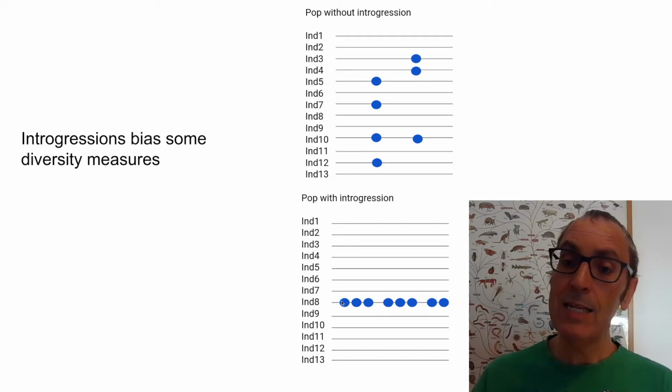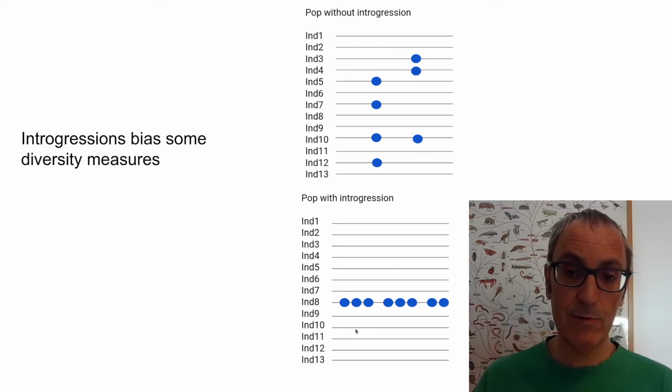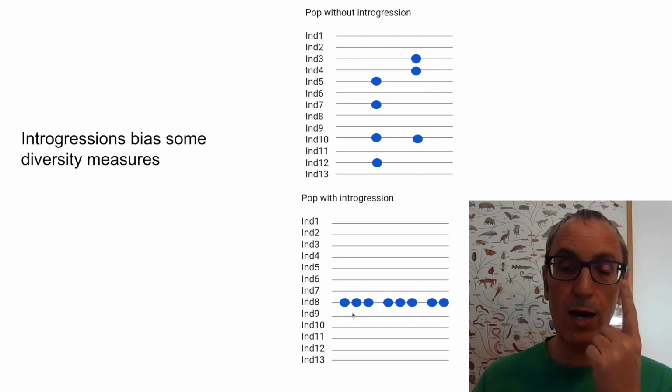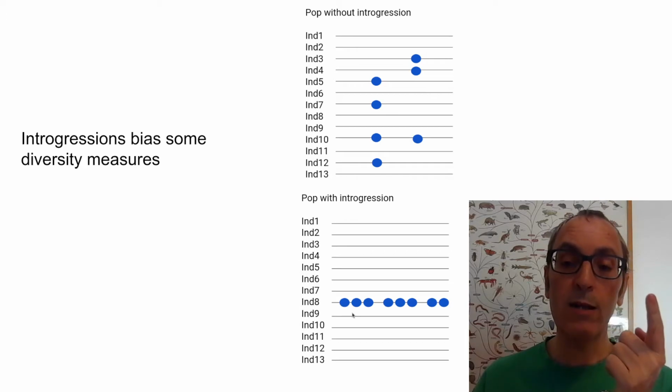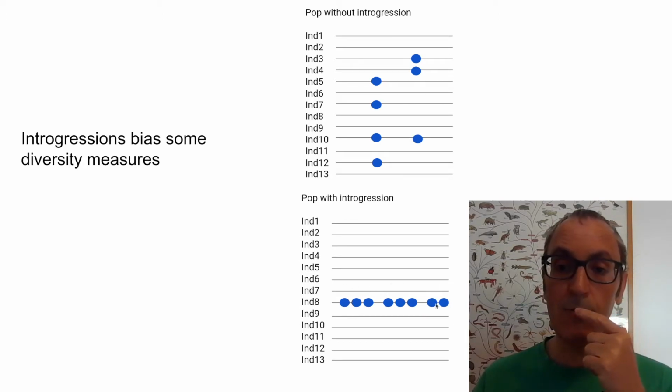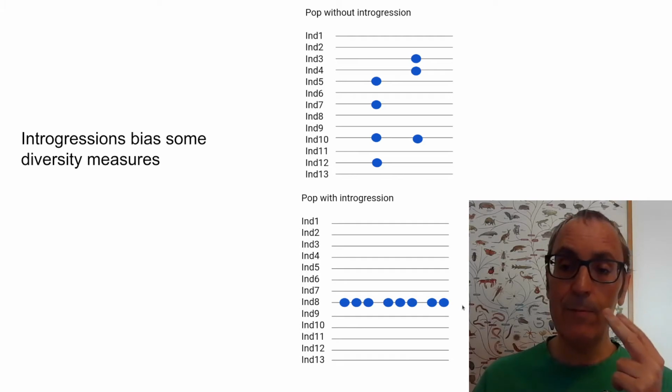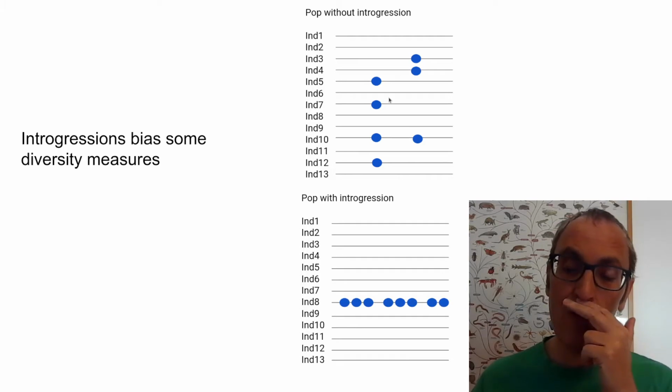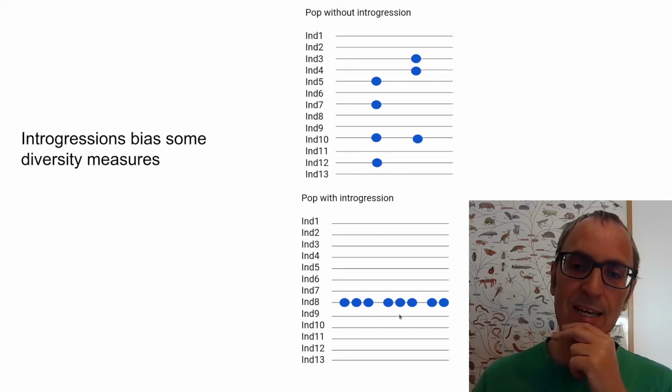In this case, the number of variants, the number of markers, would be very, very high. Okay, we have 1, 2, 3, 4, 5, 6, 7, 8 variants just with one haplotype. Only one haplotype, sorry, two haplotypes, the original one and the new one, but 8 markers. Well, technically it's usually called 8 variants.